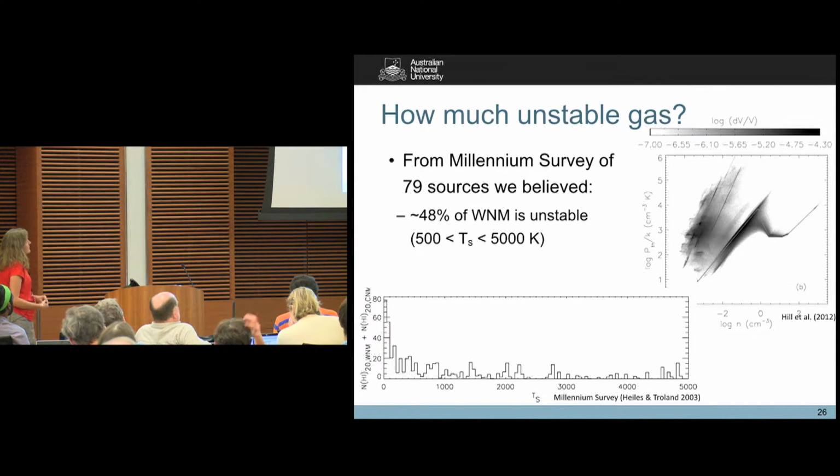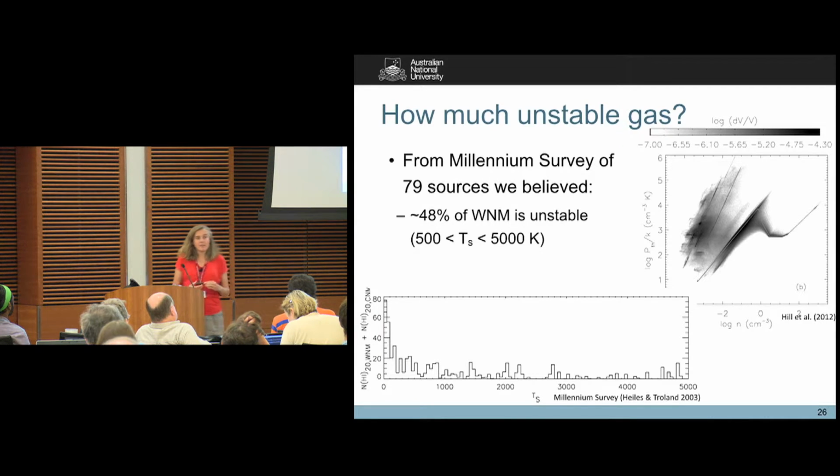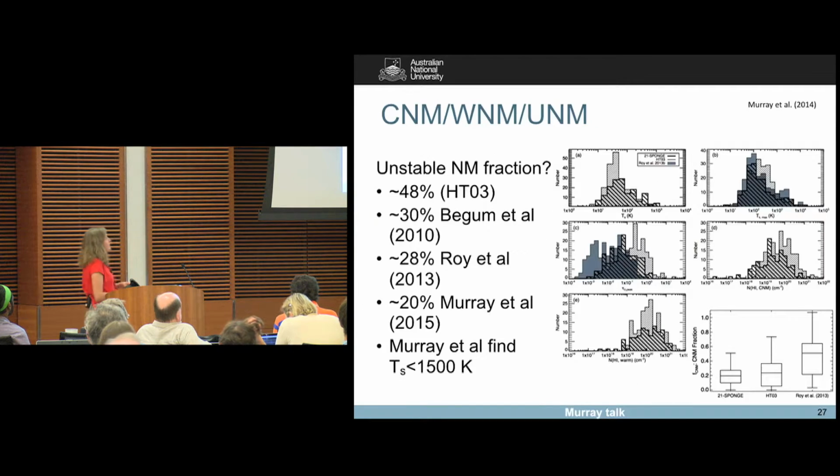And from the Millennium Survey, Heiles and Troland gave us something like 48% of the warm neutral medium in the unstable temperature regime of 500 to 5,000 Kelvin. But that was a fairly uncertain number. So Claire Murray and Snezana Stanimirovic and collaborators have been looking at this much more extensively with the 21-SPONGE survey.